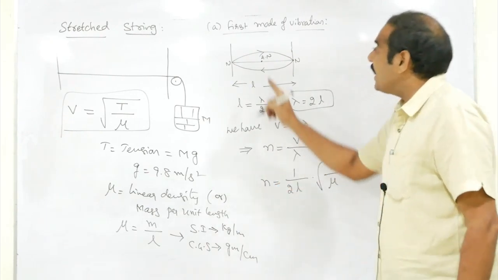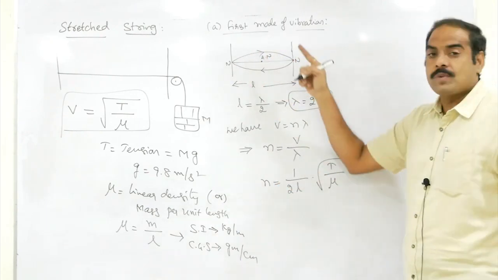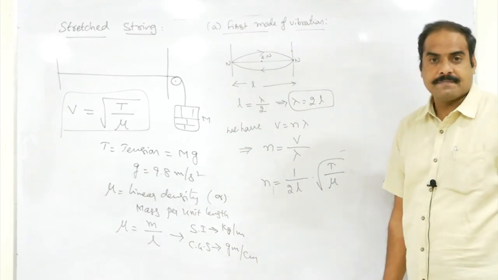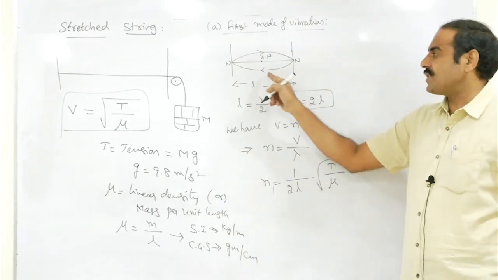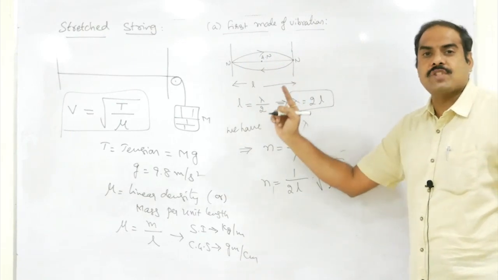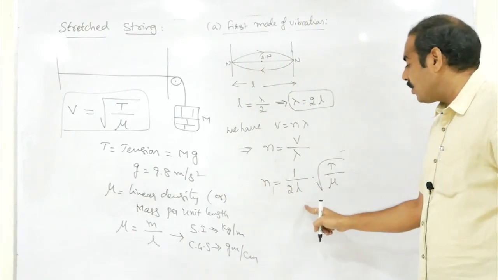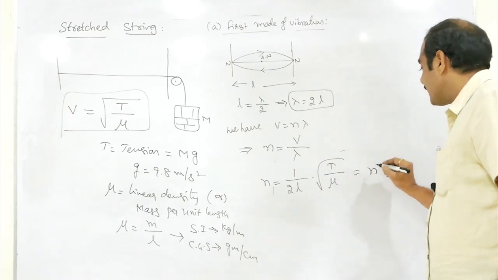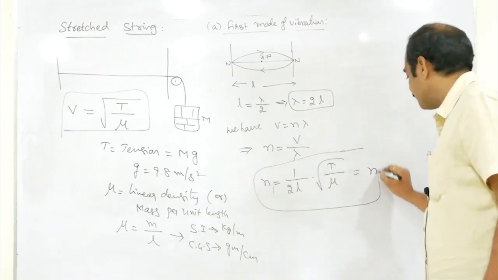So here it vibrates in the first mode, or with one loop. You can write this as n1. This 1 indicates first mode, first loop or first segment. n1 is equal to 1 by 2L into square root of T by mu. You can consider this as small n also.